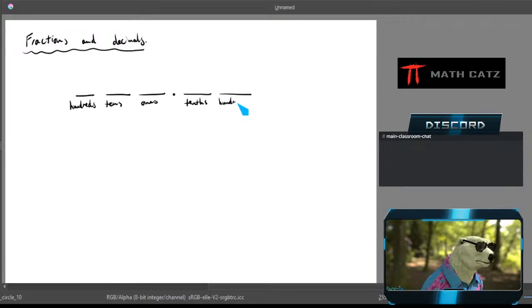And hundredths, and so on, in either direction. Now it's still based on powers of 10. They can just get smaller and smaller as well, past the whole number parts on the left and the right of the decimal point.